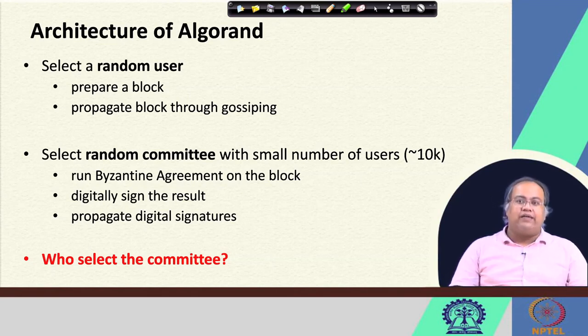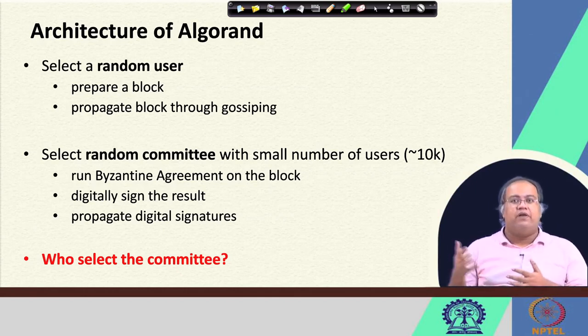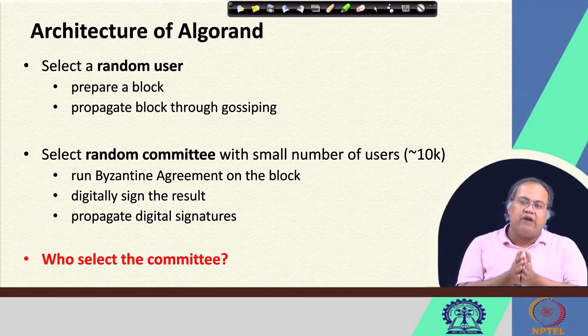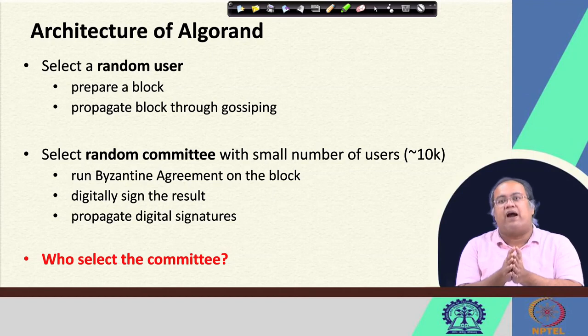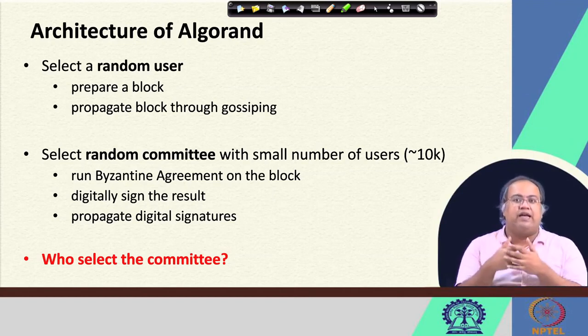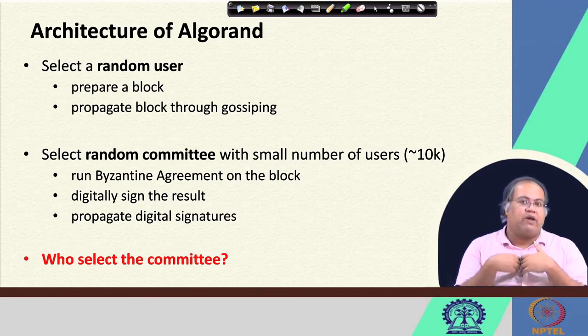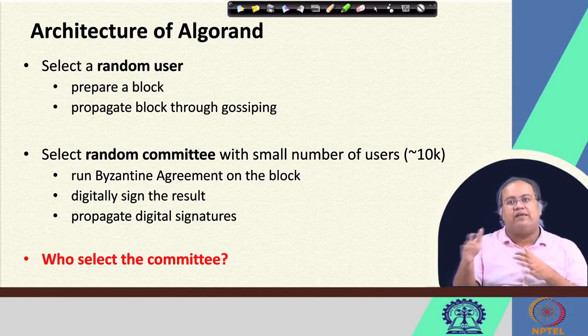Well, this is interesting, right, because everything is random, the user is random, the committee is random. So, if you participate as an attacker, you have fairly low chance to be a part of either that random user or that random committee, because your inherent assumption is that you have millions of users who are participating in the consensus procedure, and when you have millions of users, that means as an attacker your probability to get selected is 1 by million.